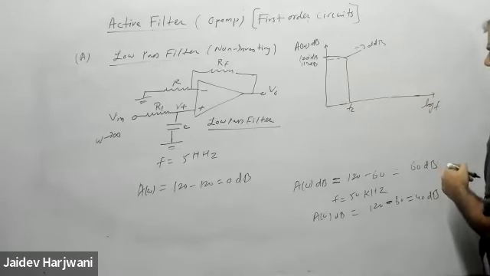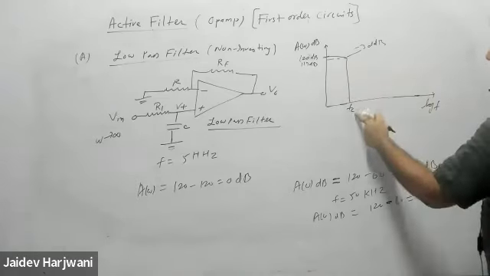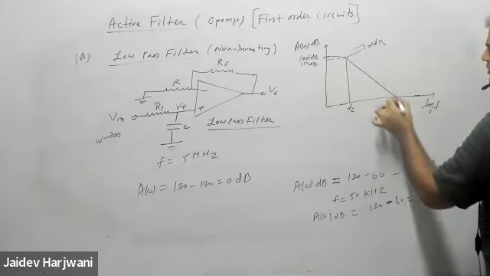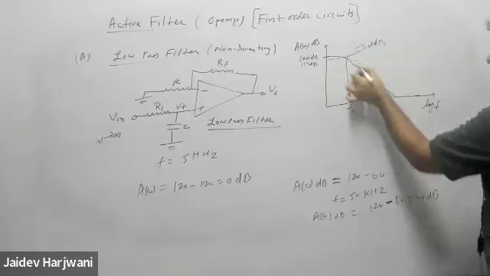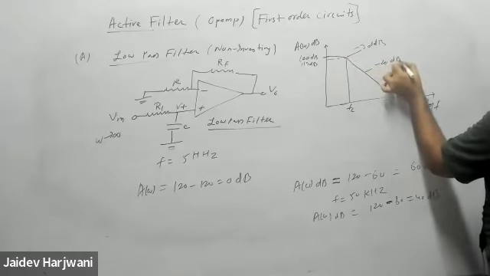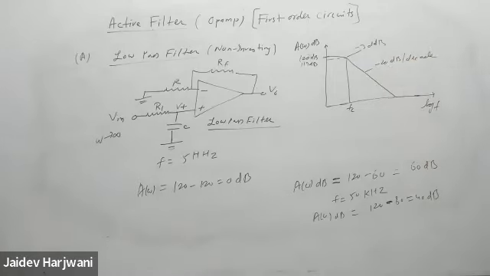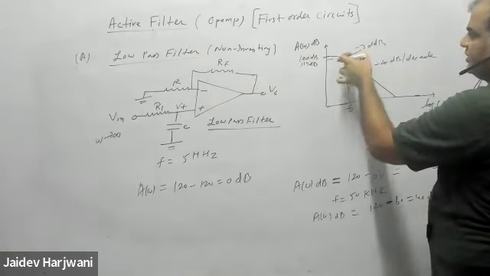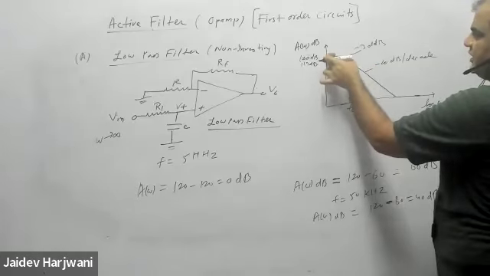Now, if I want to show what happens if I increase by decade, this will go down with a constant slope. That is, this slope will be minus 20 dB per decade of increase in frequency. After cutoff frequency, this circuit gives gain 120, then this is 120.